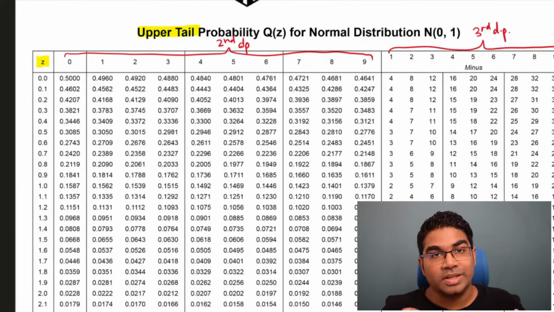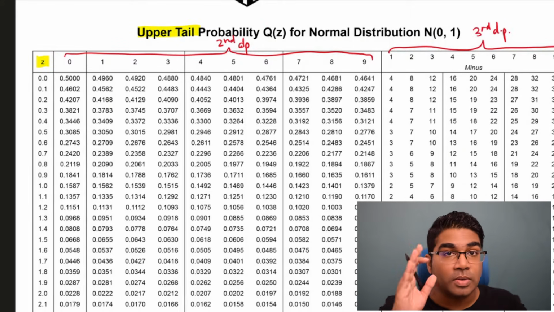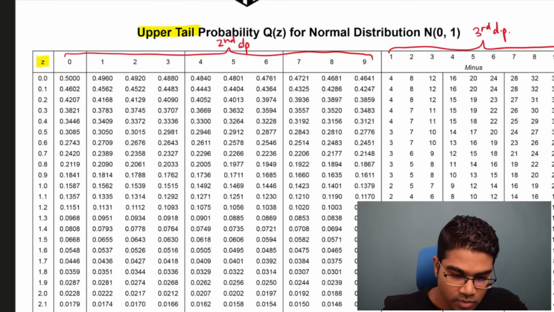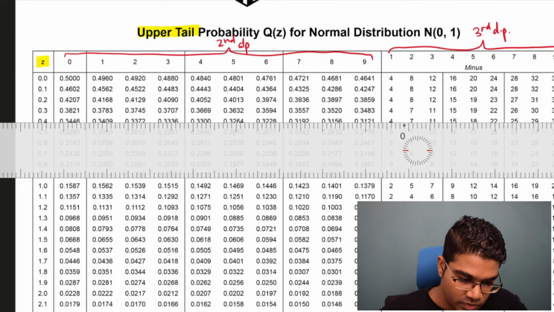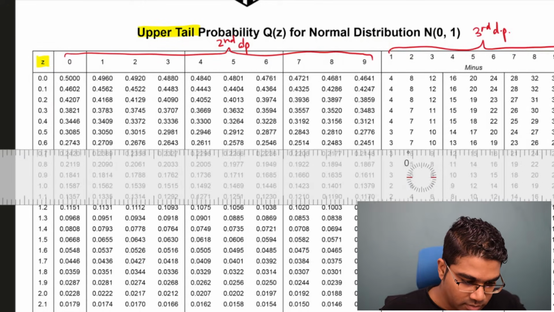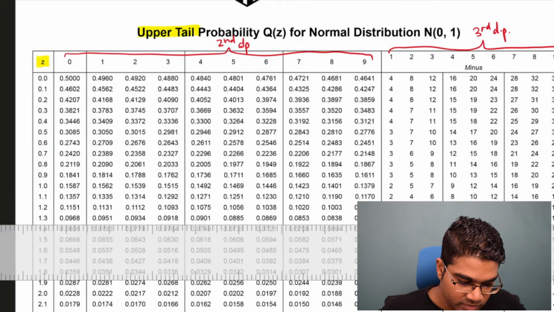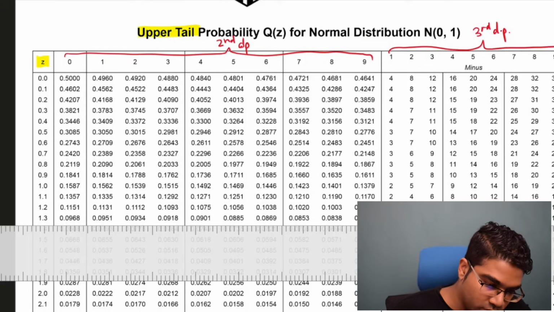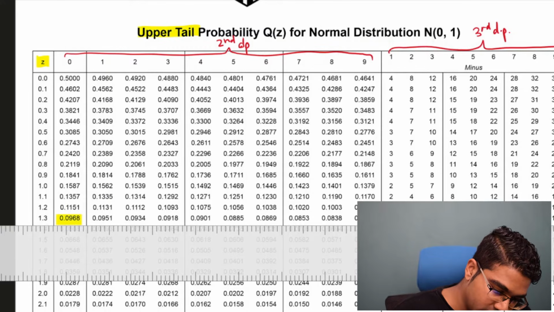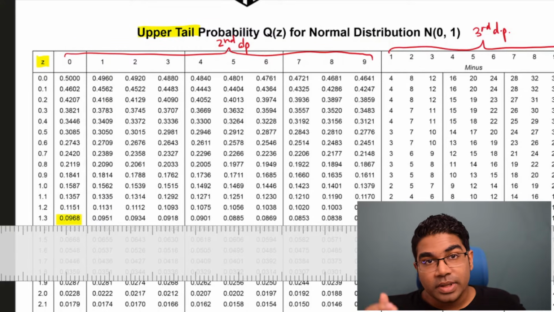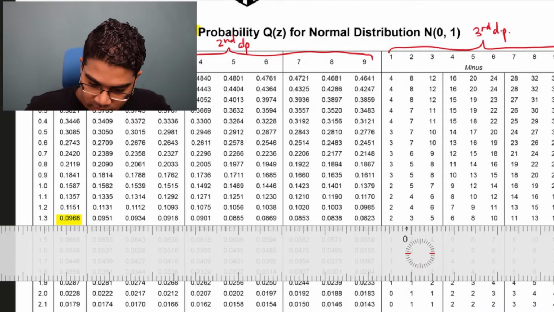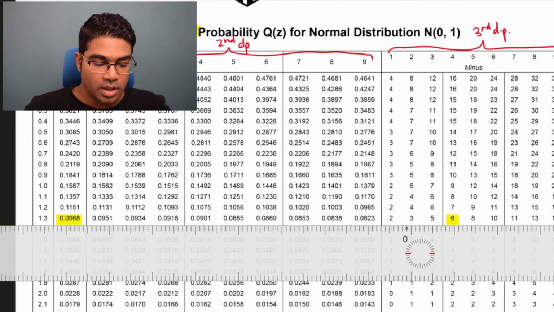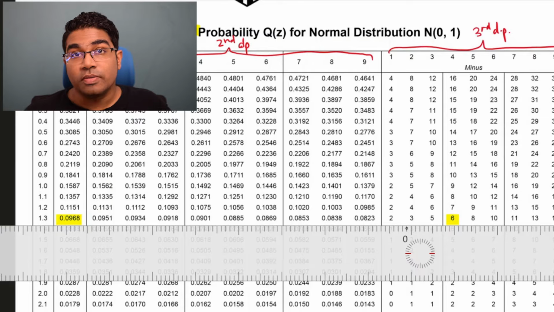Let's try to use our Z score and find the probability. Our score was 1.304. We use a ruler. We go down the first column and look for 1.3, which is right here. 1.30. So 1.3, the second decimal place is 0, and the third decimal place is 4. We would find the value 6 here. 1.304.